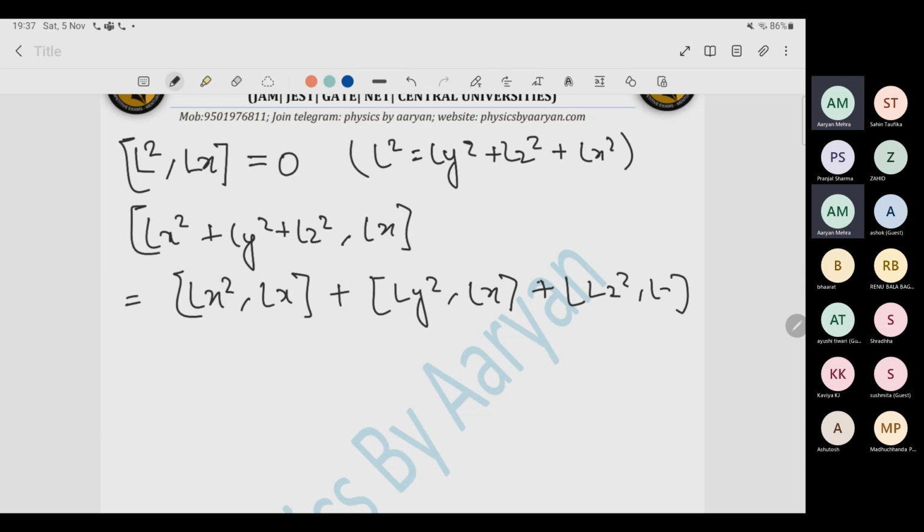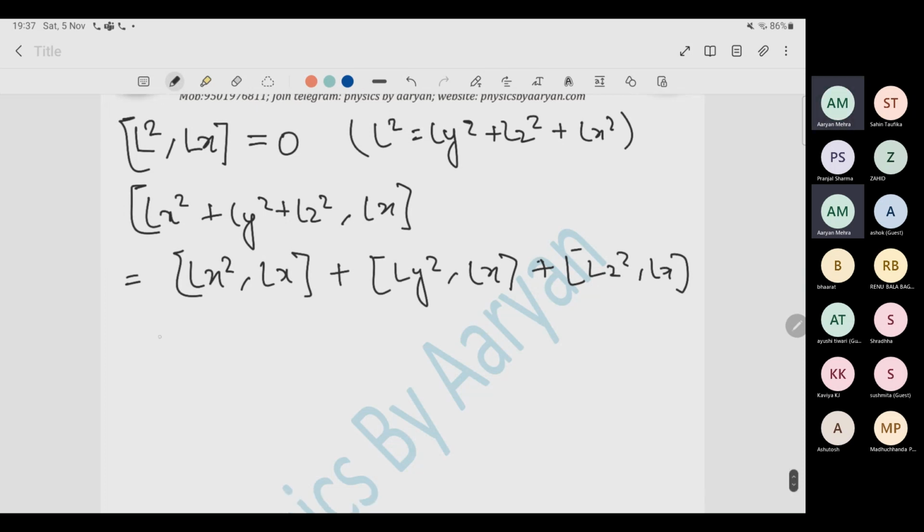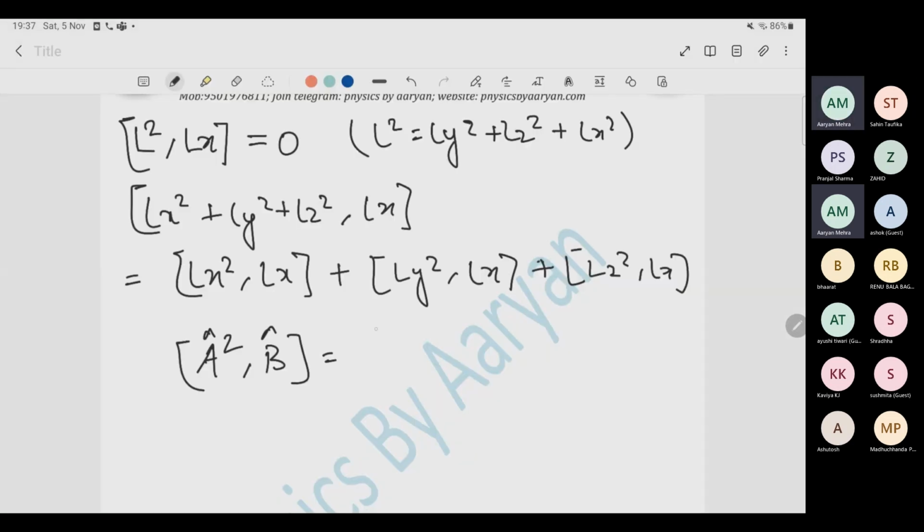Now what you can do is use a property. If there is a square of A and B, the formula is A square comma B equals A comma B plus A comma B times A. Do you all know this formula?